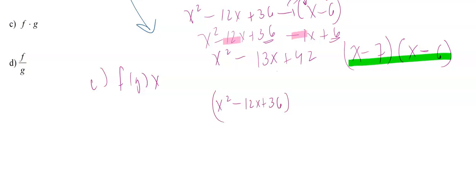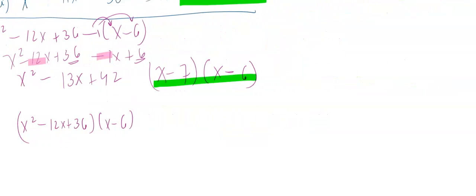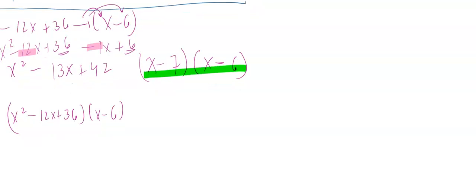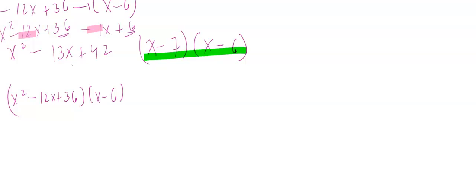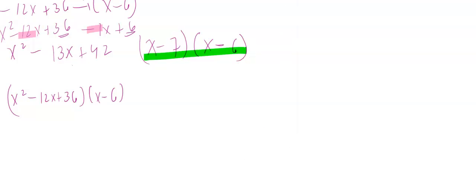Oh, this is going to take us a little while, but that's okay. Times x minus 6. So we got to be really careful here. So let me bring that down. Move that over. Okay, we're going to end up with a cubic. So we have to be pretty careful with place value.